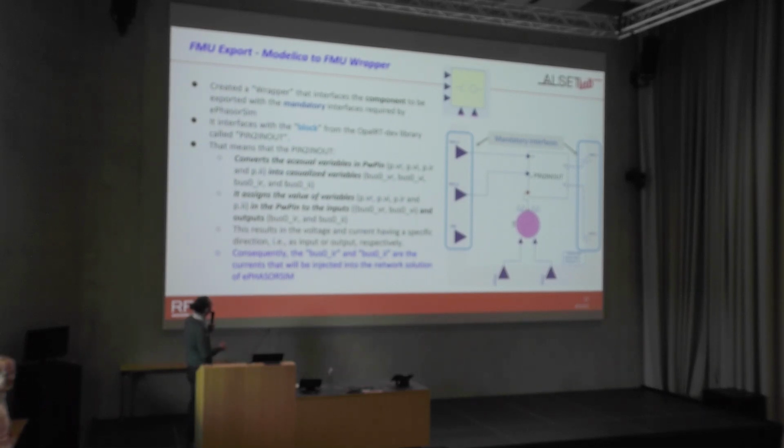Okay, the last thing, and this is the kind of the interesting part for most of you, I guess, is that OPAL-RT creates this causalized interface that takes voltages read from their simulator, passes it to this pin, I pass this in here, and then you have to inject currents.